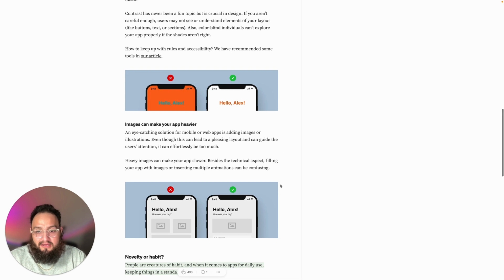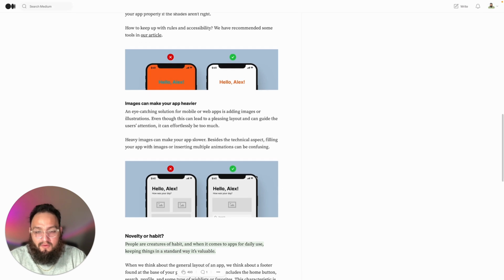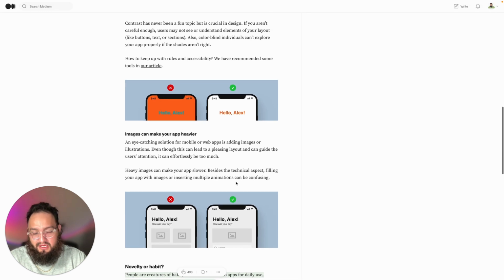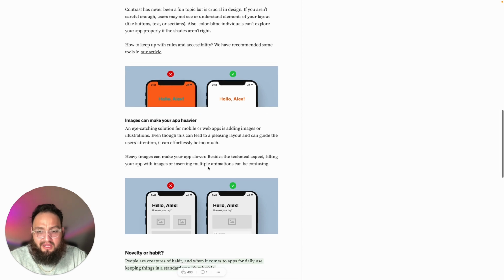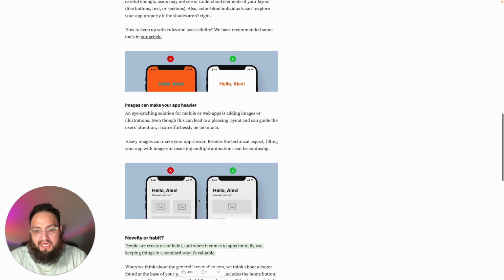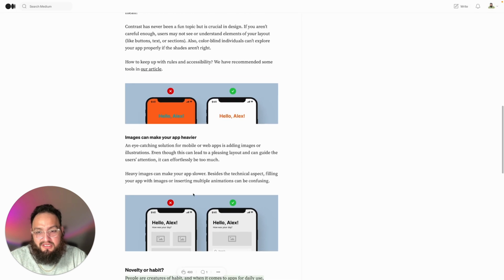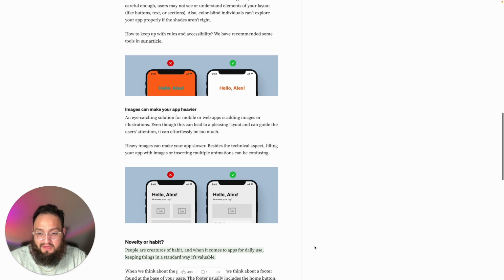So ideally, you want to include enough images that it makes the overall design more aesthetically pleasing without distracting the very limited attention that you have from your user, because you have to realize that you're competing for seconds of attention of people, and you want to make sure that they're able to successfully use your design to solve their problem. So if they're being distracted by too many enticing images, that could have a negative impact on your overall design. But also keep in mind that images can clutter your design and can make them hard to load as well. So that's something to consider.